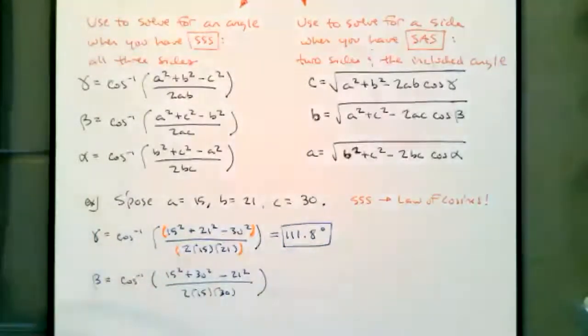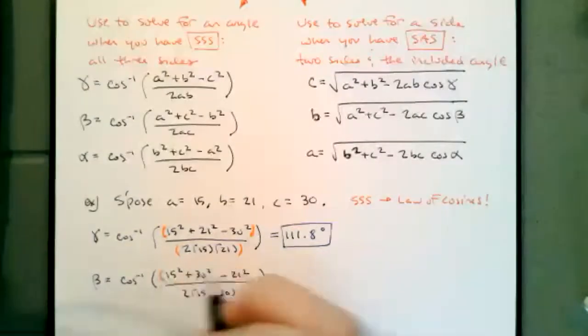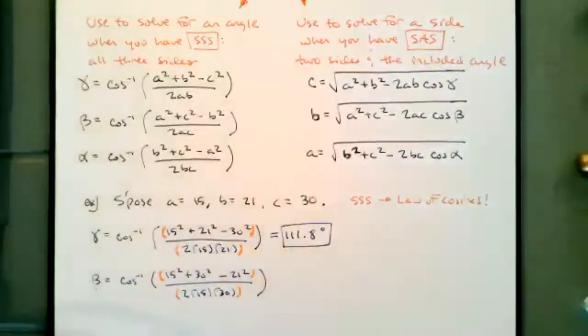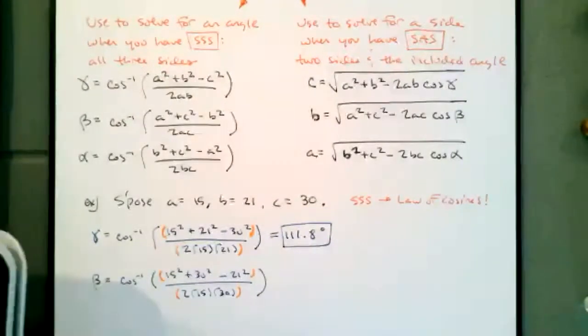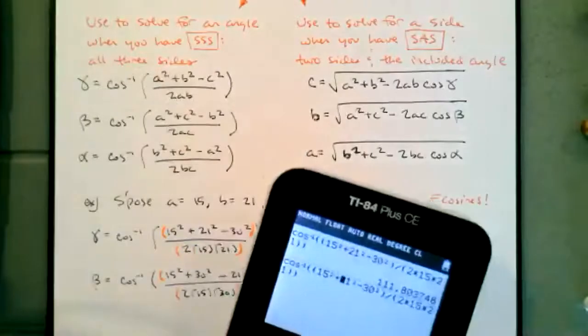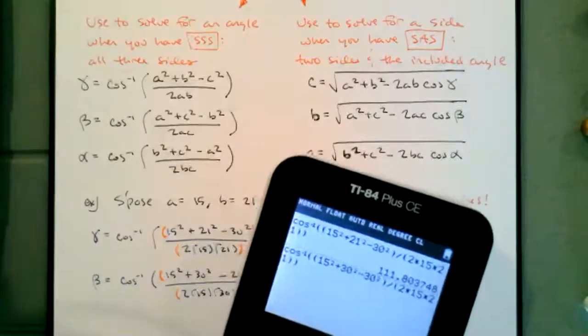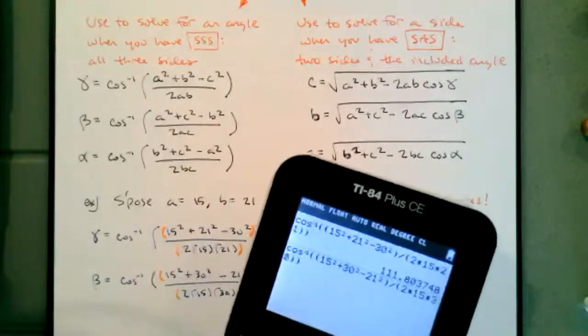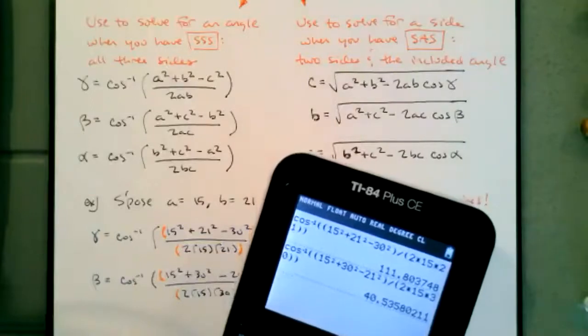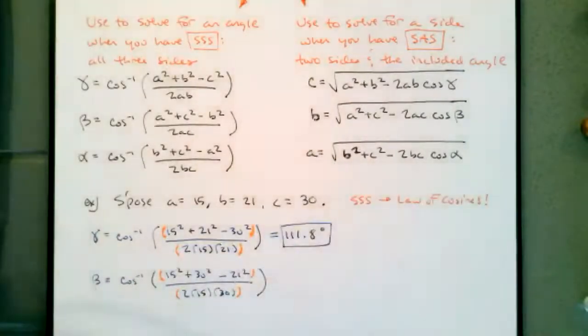And I'm still going to need parentheses around the numerator and the denominator. Let's go switch the role of the 30 and the 21. So I'm going to go 15 plus 30 squared minus 21 squared. And I just realized I could have just changed the signs. Cross fingers, hit enter. And it looks like angle beta is 40.5 degrees.